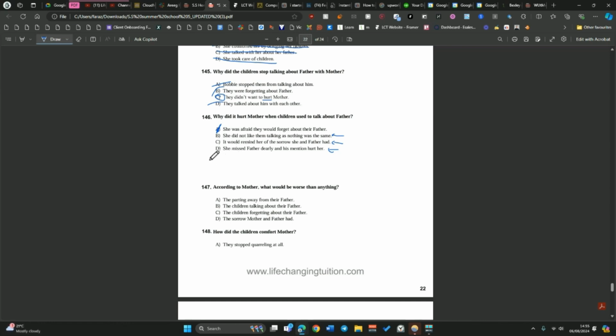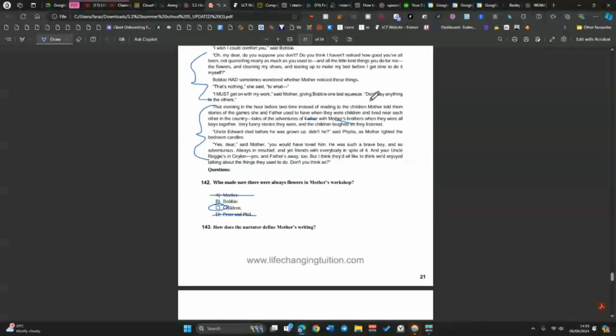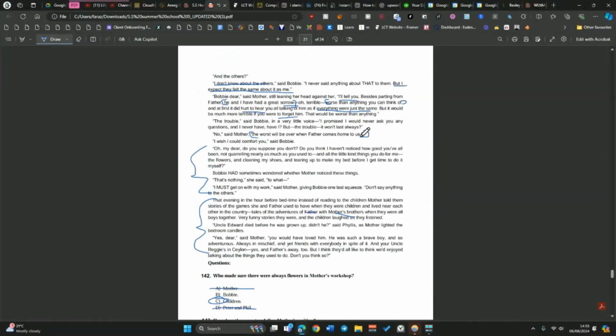We can't actually justify, we haven't got enough evidence to understand whether it's because she misses father. We know that he's going to come back. Is that what it says on the actual passage here? It says he's going to come back, but it seems to be the sorrow, right?